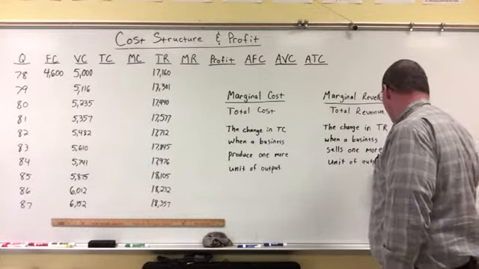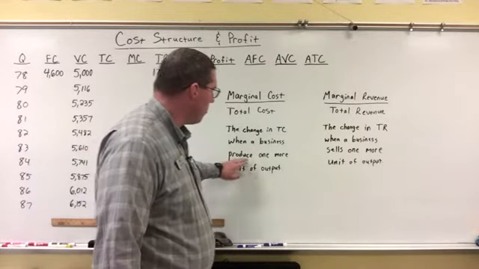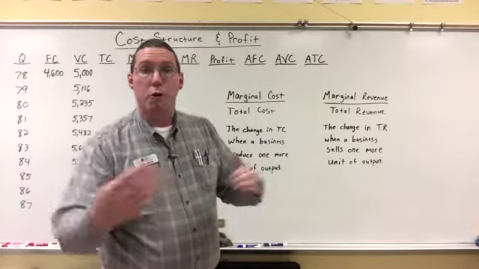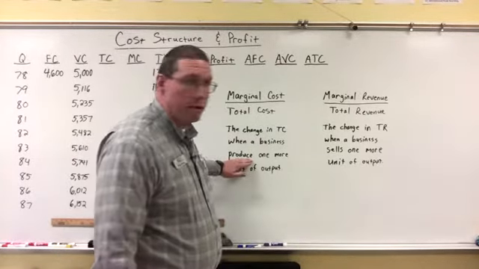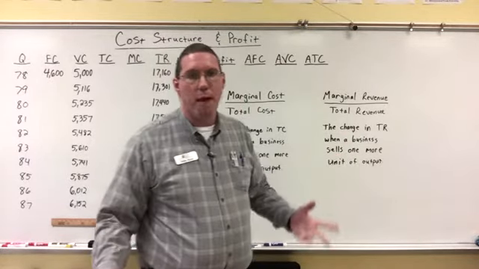And then of course what a business wants to do is produce and sell their output. So when they produce one more unit, that's going to increase their costs, and then when they sell that unit, that's going to increase their revenues.